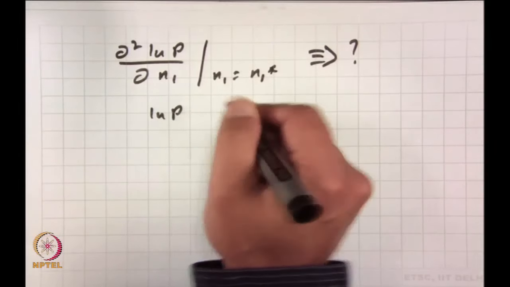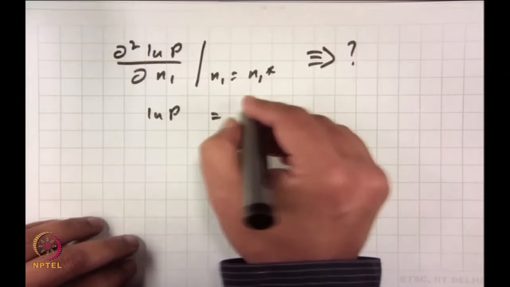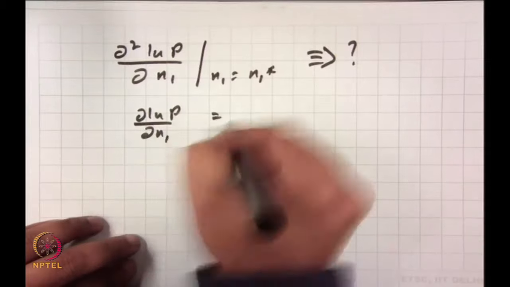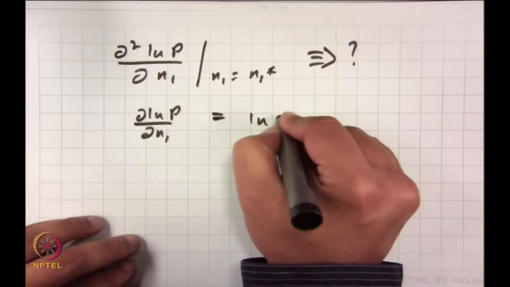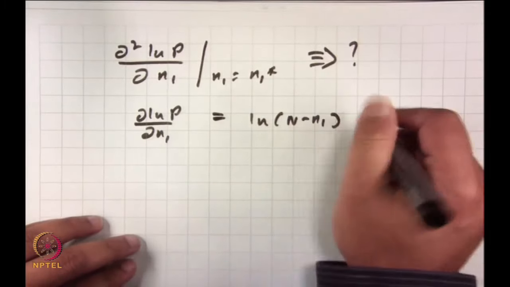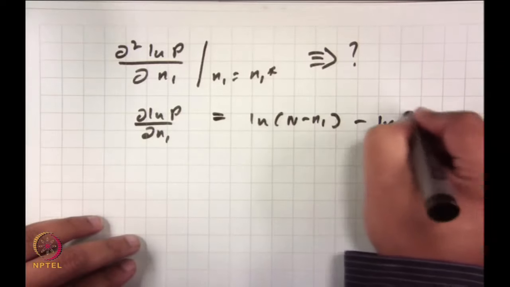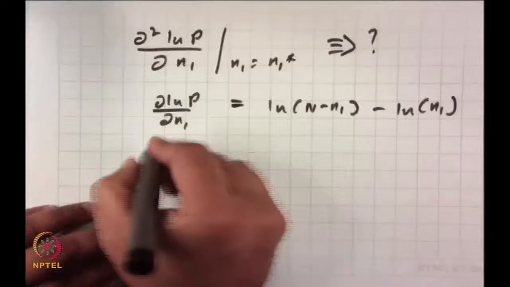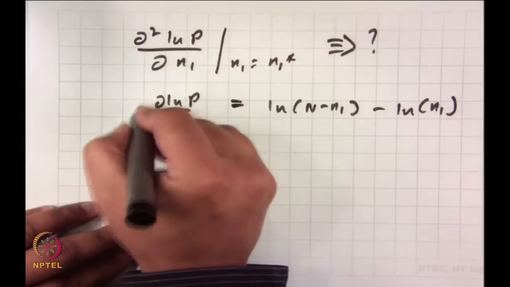So, we already know, again let me write it down, ln p, del ln p over del n1 was equal to ln n minus n1, right, minus ln n1. Okay. So, now what I am doing is I am just doing the double derivative of this.